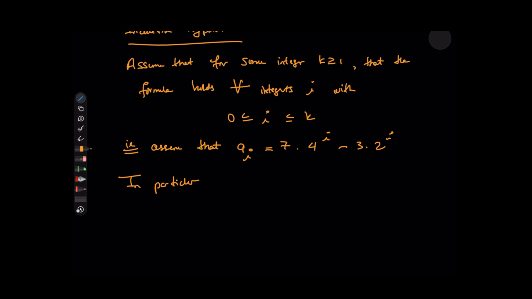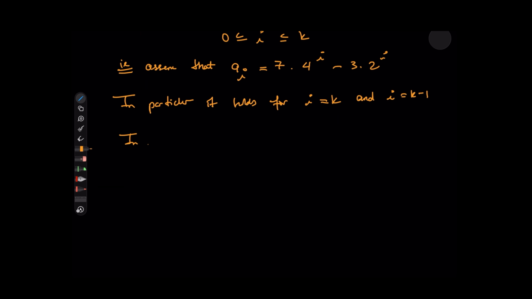In particular, the formula holds for when i is equal to k, as well as i being equal to k minus 1. Because remember, when we do the inductive hypothesis, we have to make sure and use that in the inductive step. Usually it's either one more value or one less value. But in this case, I'm using one less value for the sequence, right?